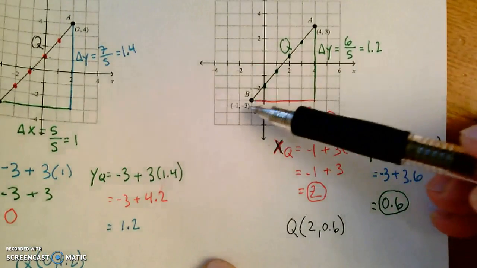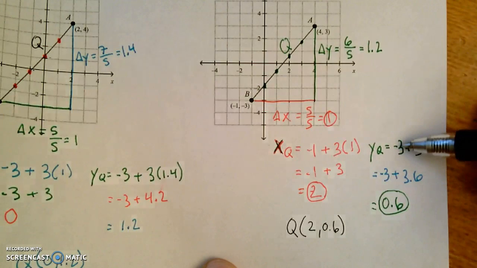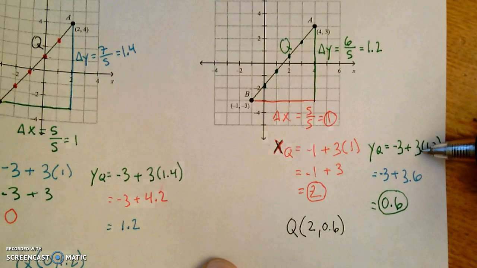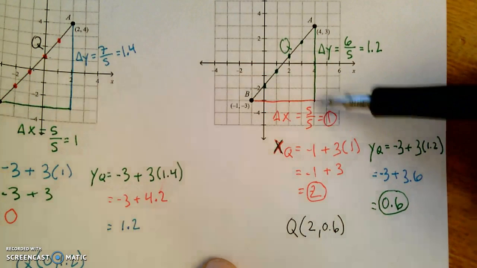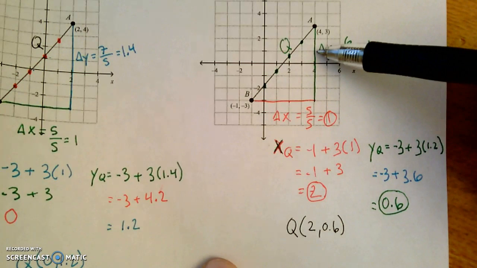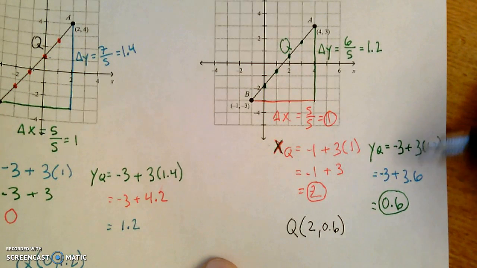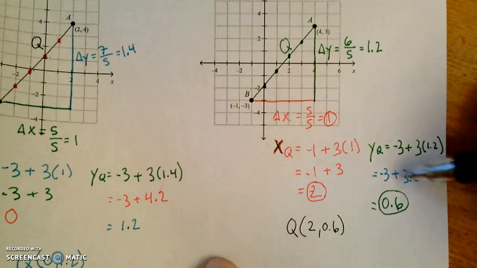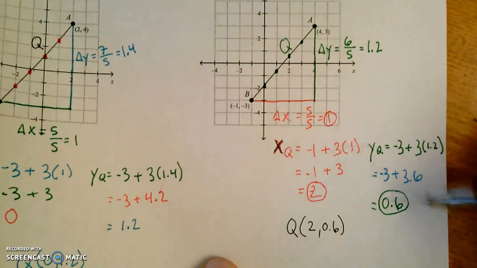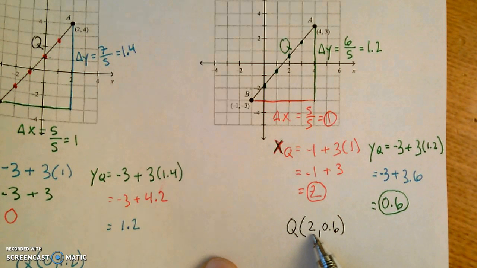And then, starting with the y-coordinate of B, which was -3, we went up 3 parts, and each part was 1.2, for a total of going up 3.6. Starting at -3, going up 3.6, left us at +0.6. So our coordinates were 2, 0.6.